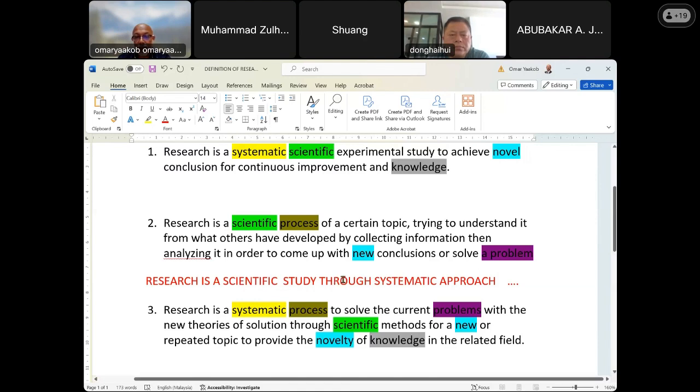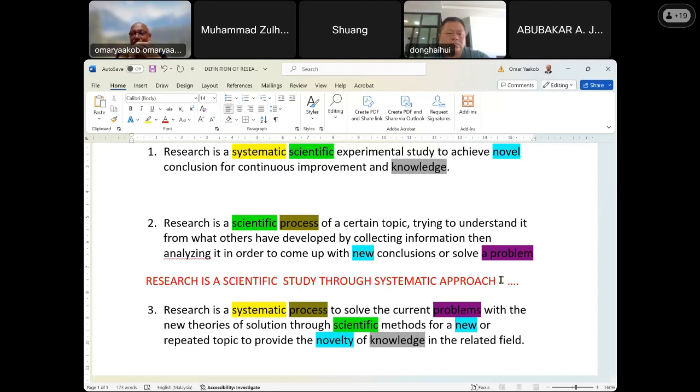Because when you say systematic scientific process, you are talking about the methodological approach. But when you say systematic process, you are talking of logical approach of research. So I'm confused. Anybody else? Anybody want to comment on that?